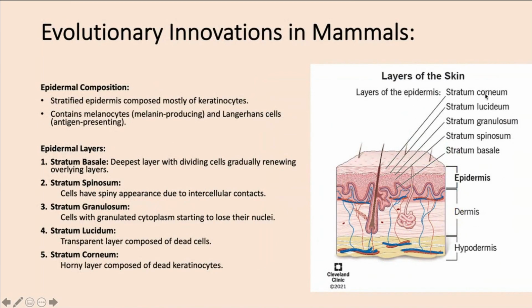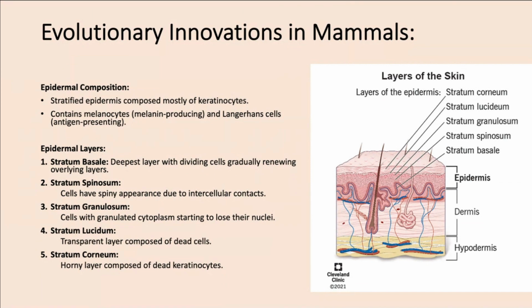So the epidermal composition. This is when we're talking about everything to do with the epidermis. The epidermis in mammals is stratified. Remember we said that the branchiostoma, which was the early protovertebrate, only had a single layer of cells within its epidermis.